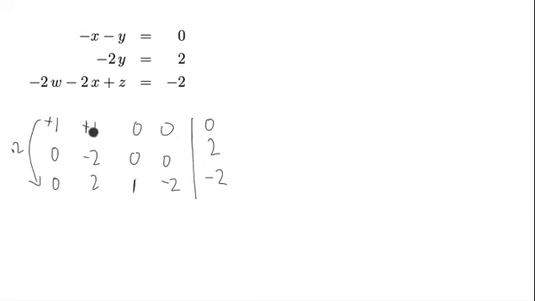And we go to the next column and see if we can get a pivot over here. Well, we've got to get a 1 in this particular case. When we airdrop going this way, we end up zeroing that one out.